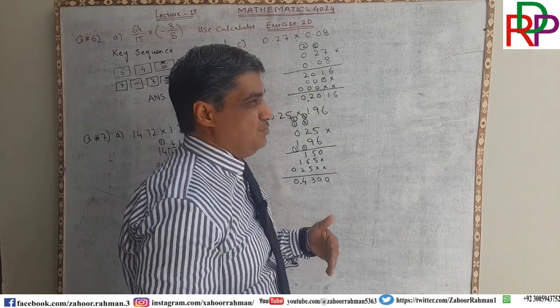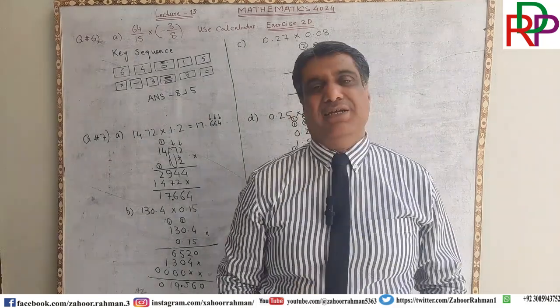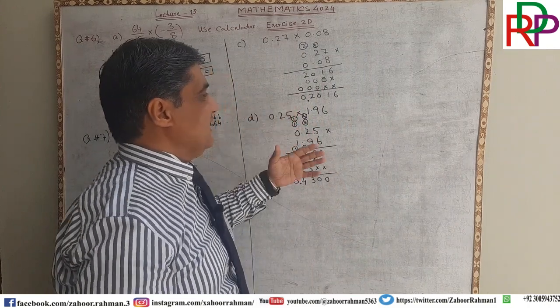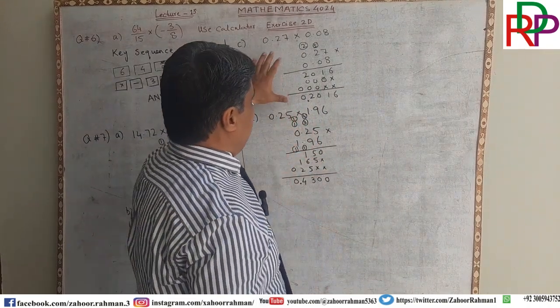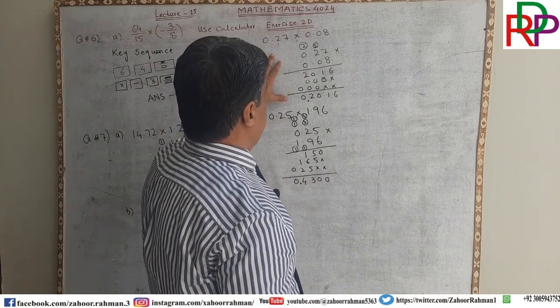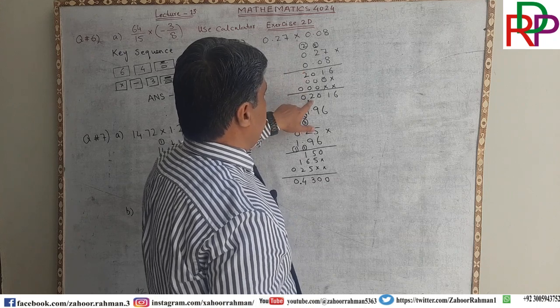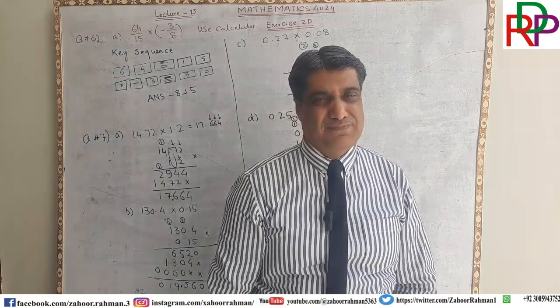I am also a human being. Small mistakes are committed by human beings. So I am putting this part in the middle of the video. So note that this is 0.2016. Thank you very much.